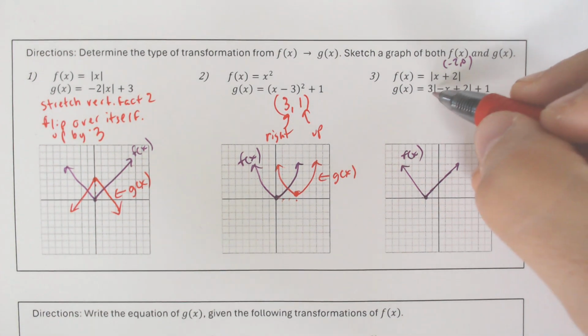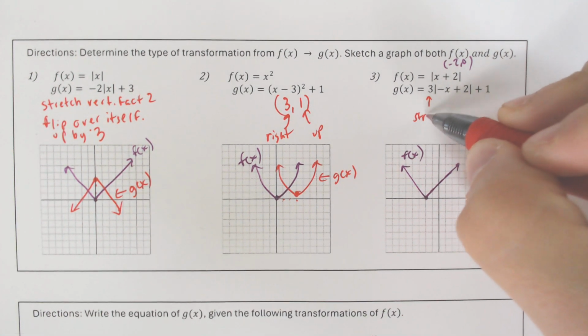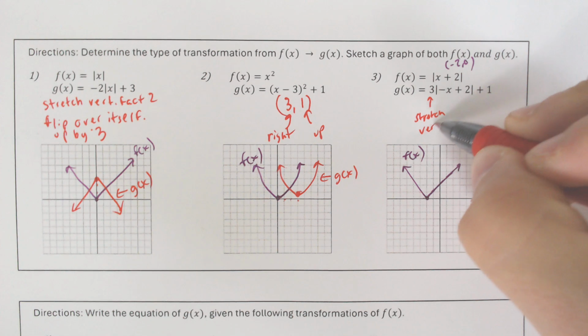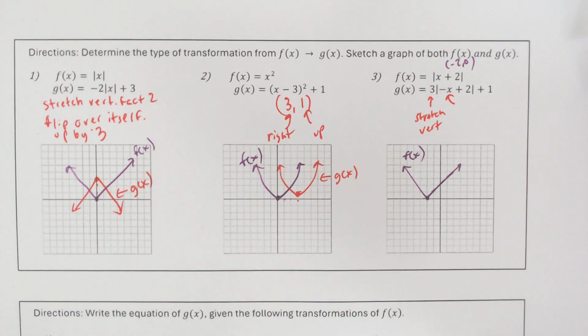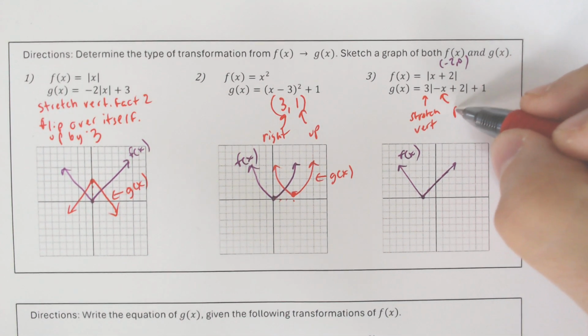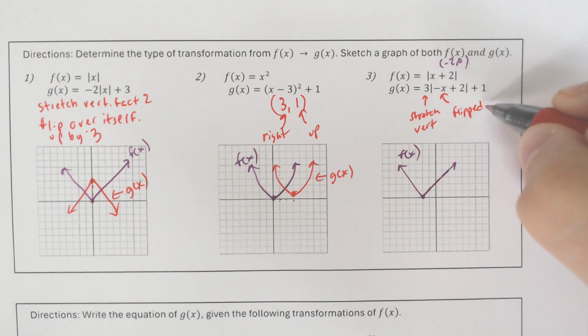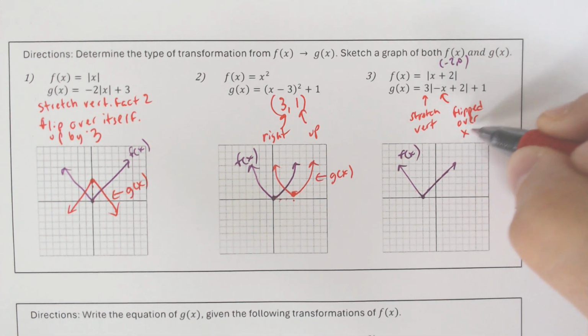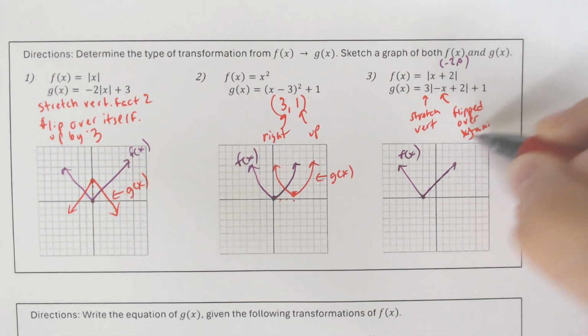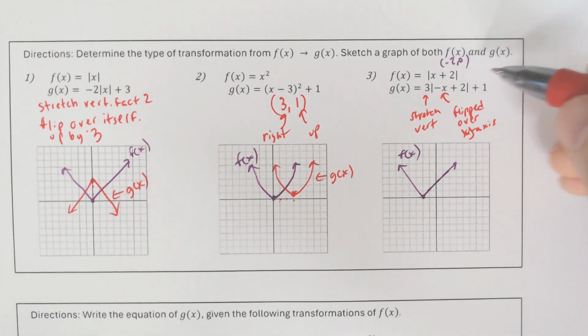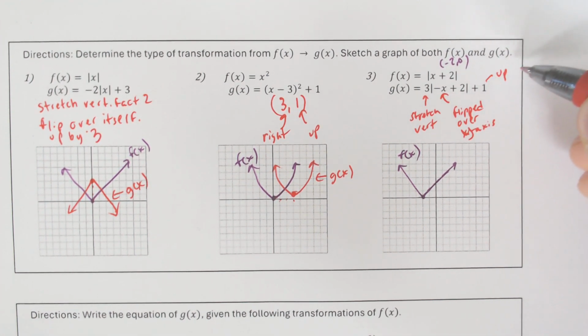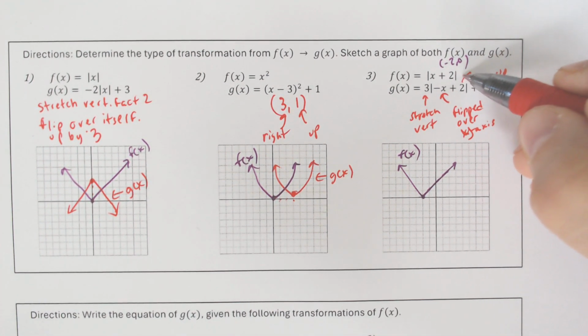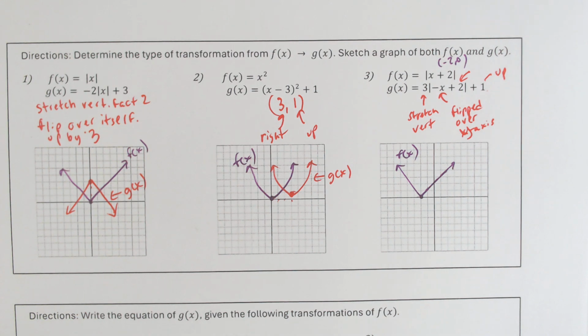The g of x is going to be stretched vertically. It is going to be technically with the negative x there flipped over the y-axis, and then it is going to be up by 1, but how much is it going to go to the left or to the right by 2?